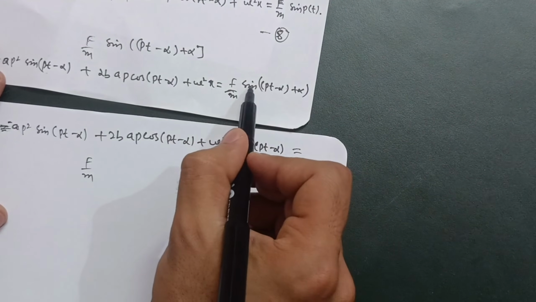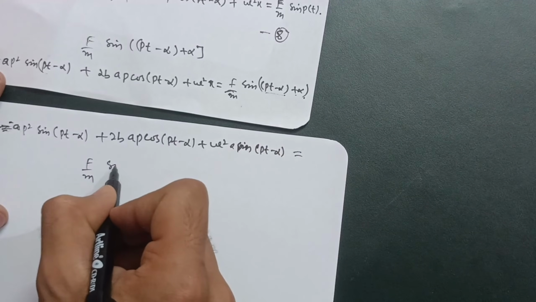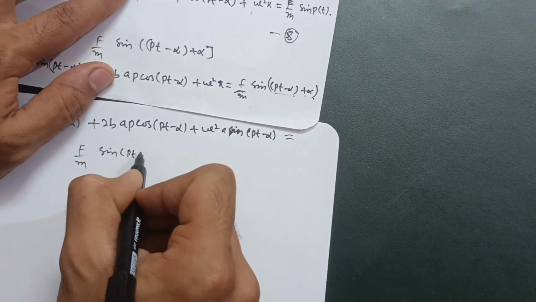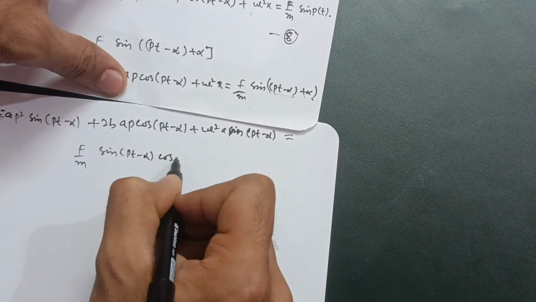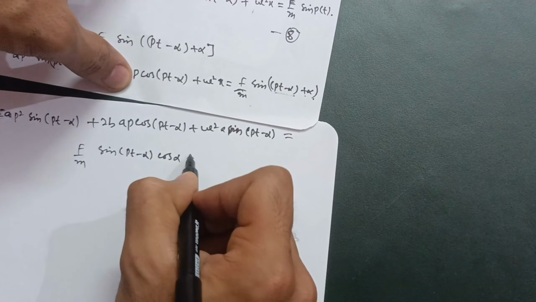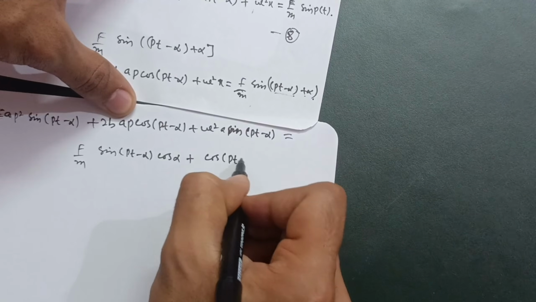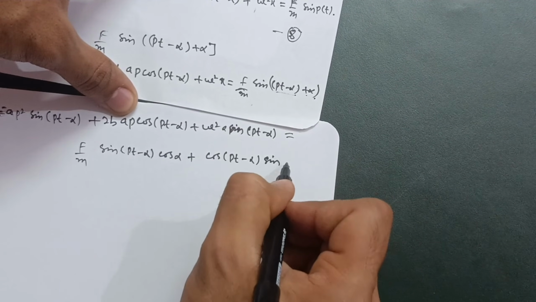This is now the formula sine of (a plus b). Sine (a plus b) is equal to sine a cos b plus cos a sine b. What is a? A means pt minus alpha. Cos b means cos of alpha, and sine b means sine of alpha.